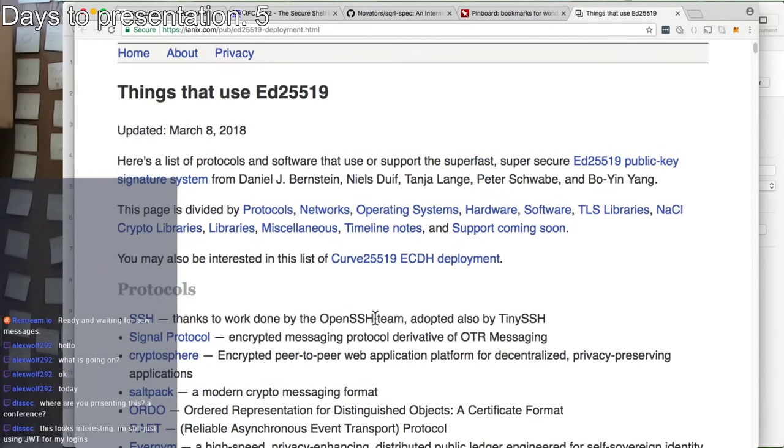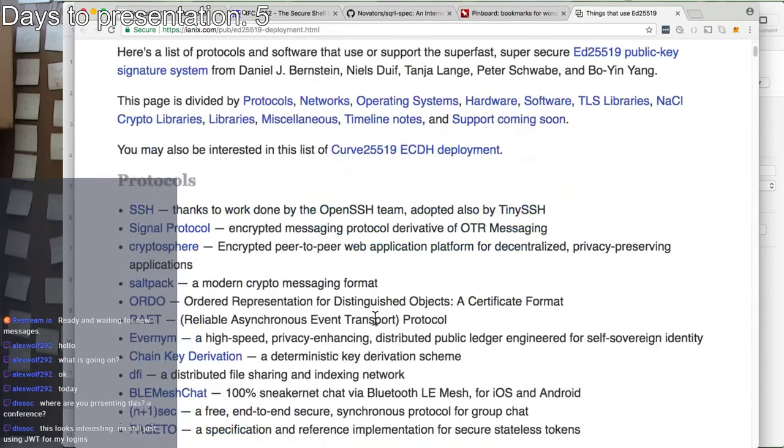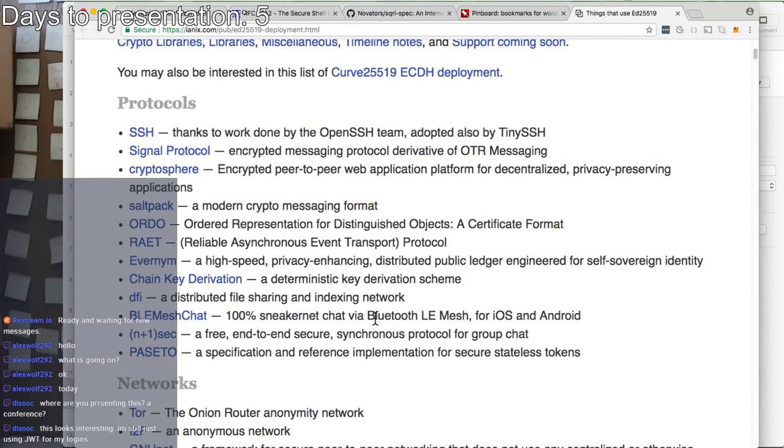Wait. Oh, SSH has an option for it now. Okay. So this is a good reference.